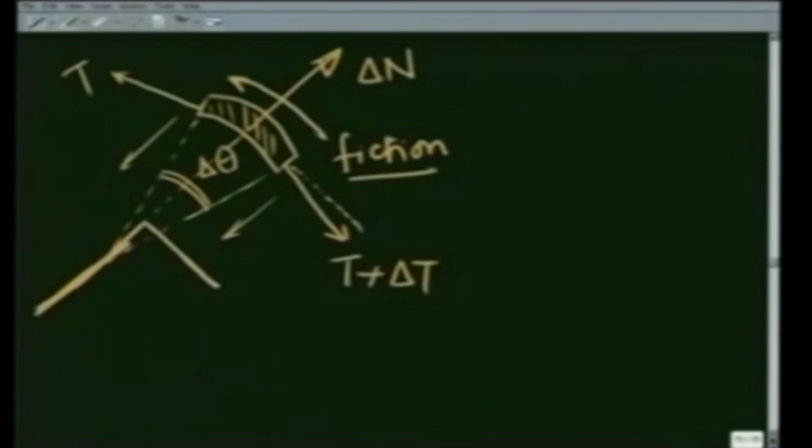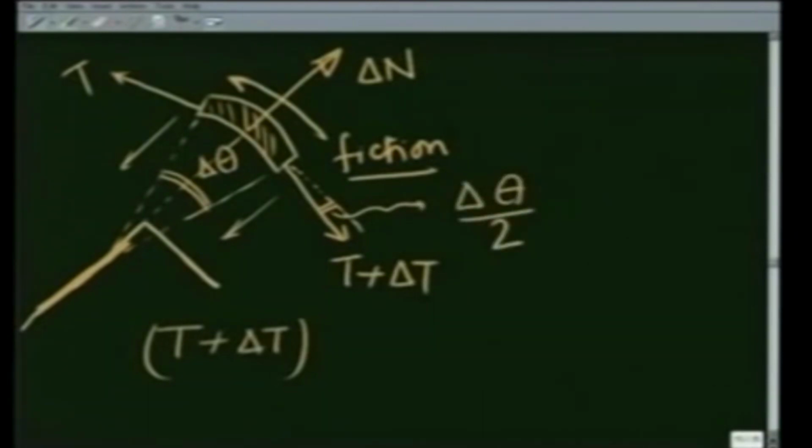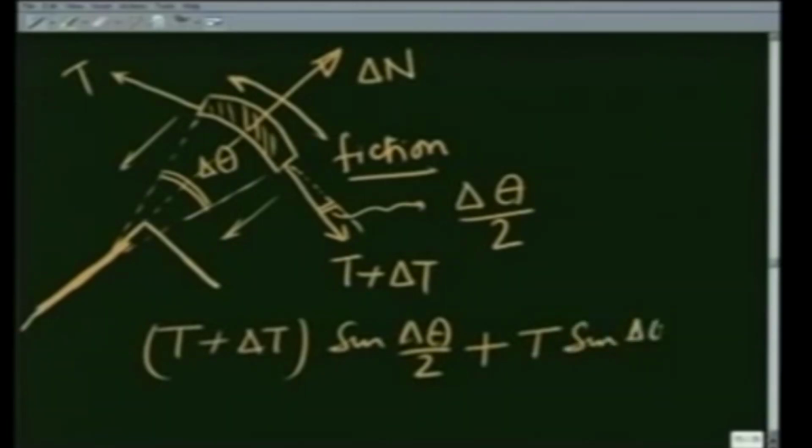The components of T in this direction balance N, and therefore I am going to have T plus delta T. This angle, as you can see, is going to be delta theta over 2, and this is a very small angle, so sine delta theta over 2 can be estimated by delta theta over 2 itself, plus T sine delta theta over 2 is going to be equal to delta N. This angle again is delta theta over 2.